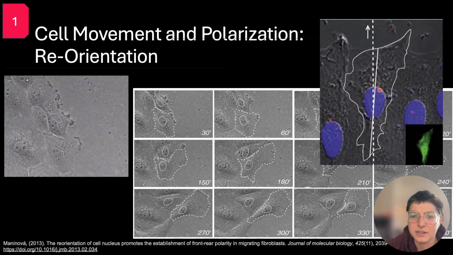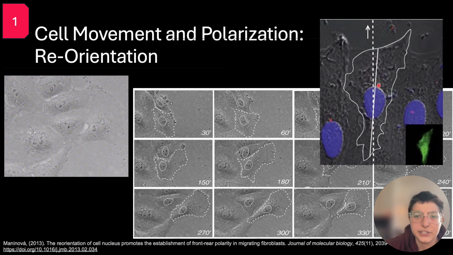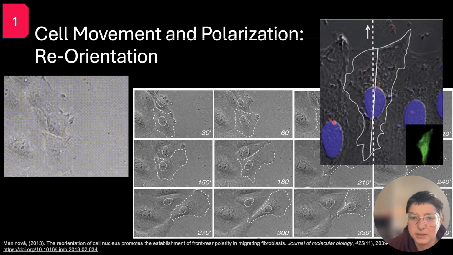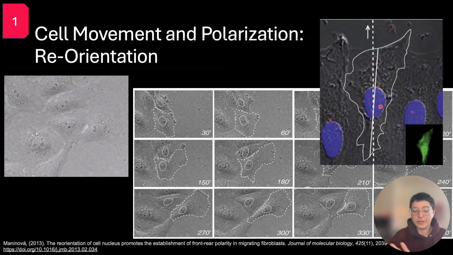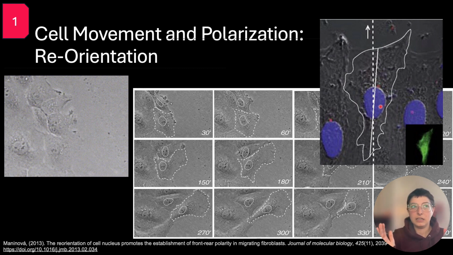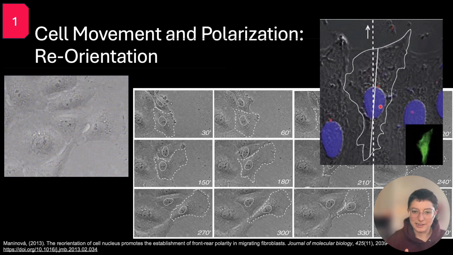I'm pretty sure it's the microtubule organizing center that they marked, but I'm not 100% sure. But just so you could tell, the nucleus is, I think, the stiffest organelle in a cell.